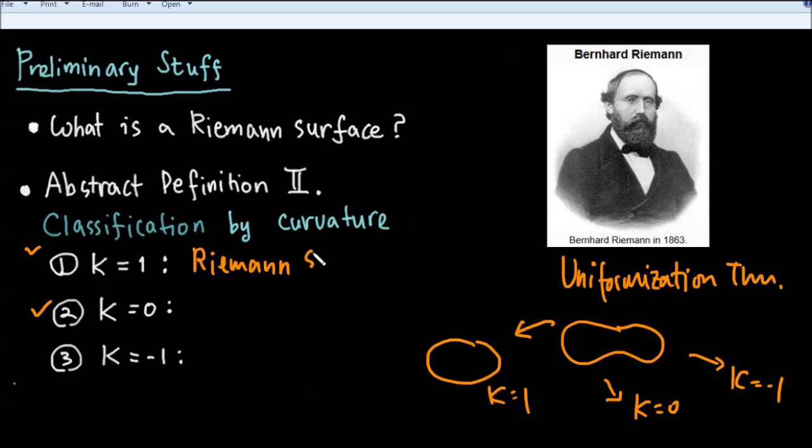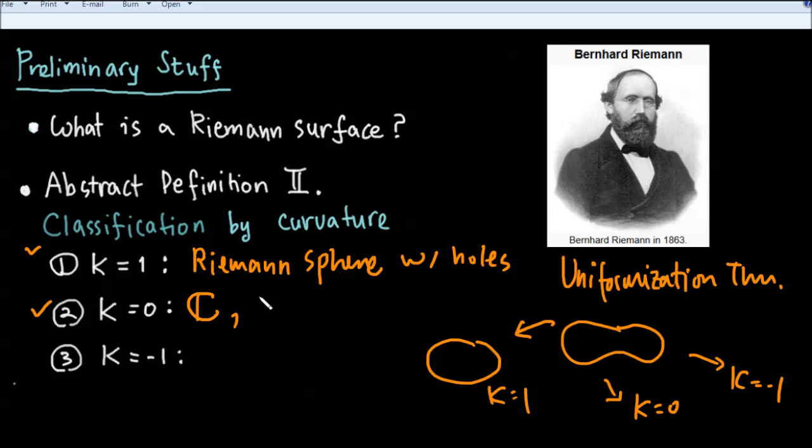We already saw that. This is a general Riemann surface, maybe it has some holes in there, but it turns out all the other Riemann surfaces with positive curvature are biholomorphic to this Riemann sphere. That's the only one.